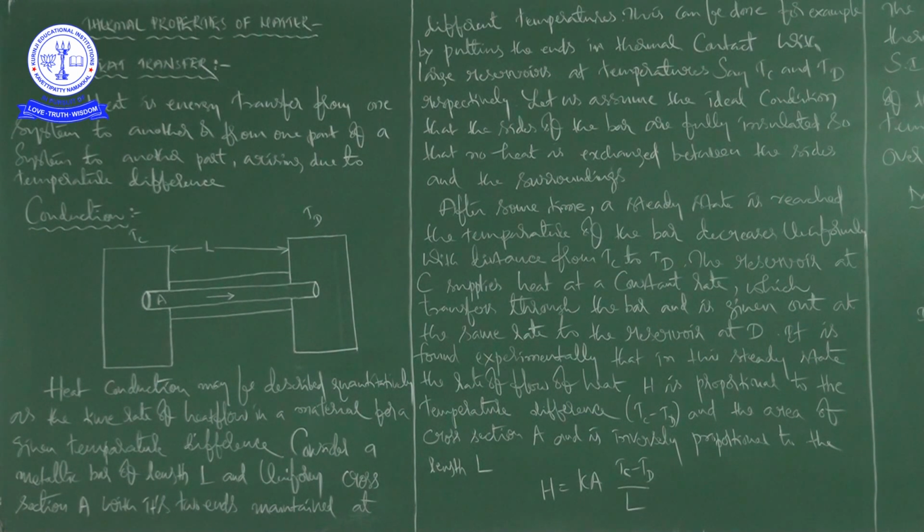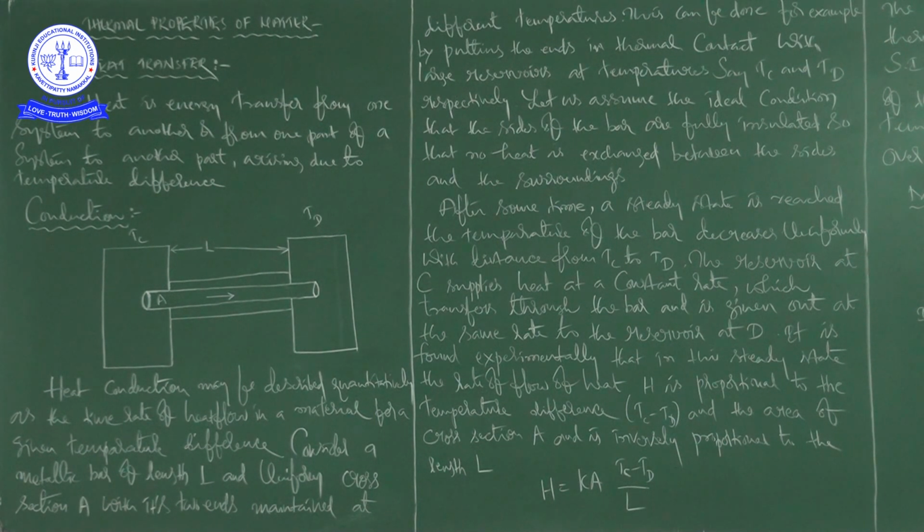One reservoir is at TD temperature, another reservoir is at TC temperature, and the rod, the metallic bar, is between them. The gap between these two reservoirs is L.